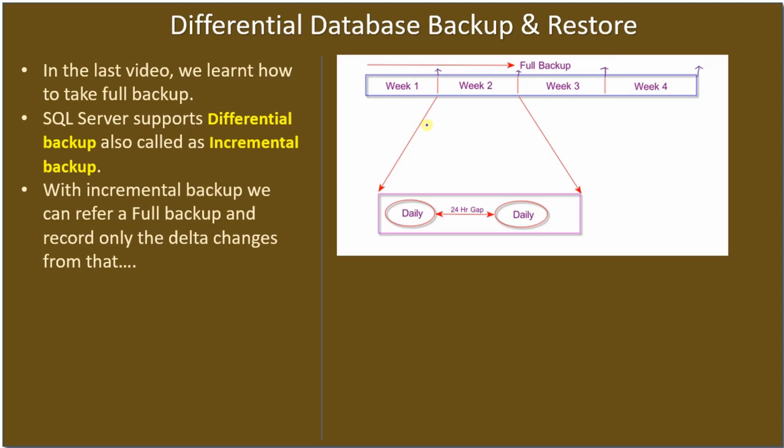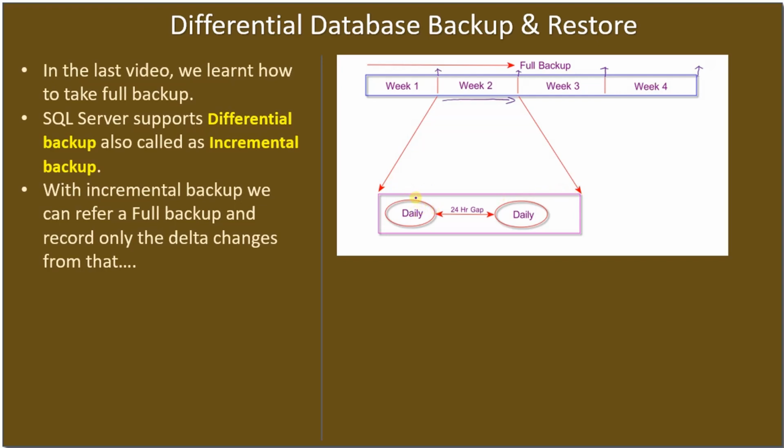Then on the bottom side, we already know that if we specify a period of 1 week, then there is a data loss of 6 days plus 23 hours, right? That's the data loss period. So what happens here, after taking a full backup, we can specify the incremental backup period.